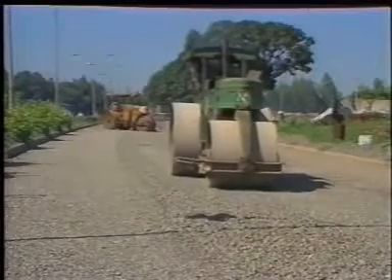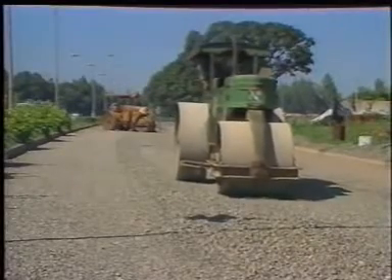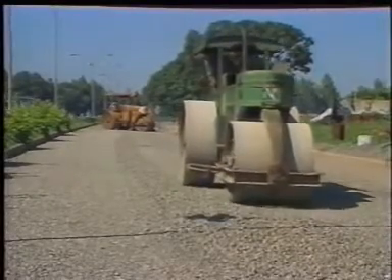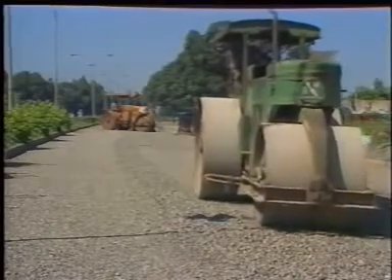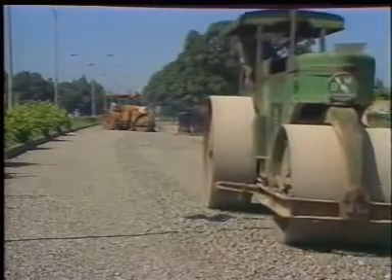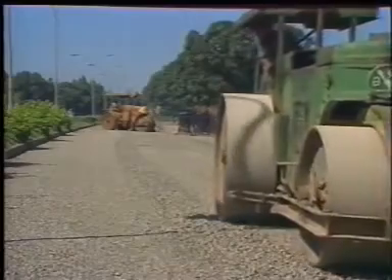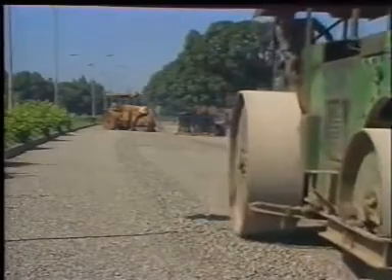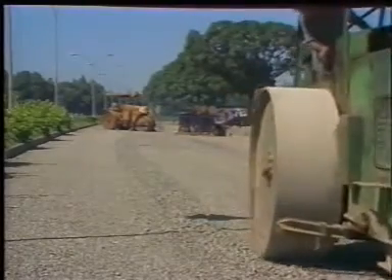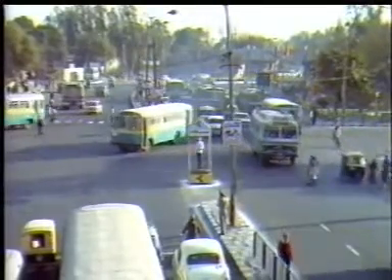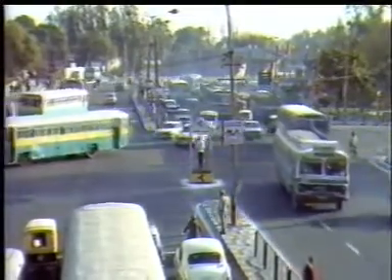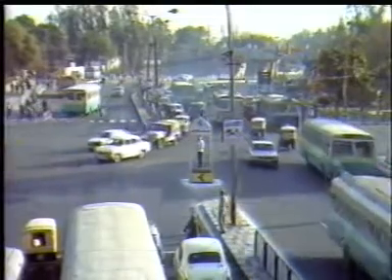The aggregate used in road construction is invariably subjected to compressive load due to the action of the road roller during construction. Thereafter, during the service life of the road, the aggregate has to withstand the loads of the traffic.